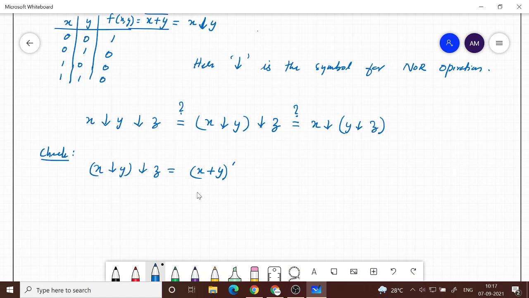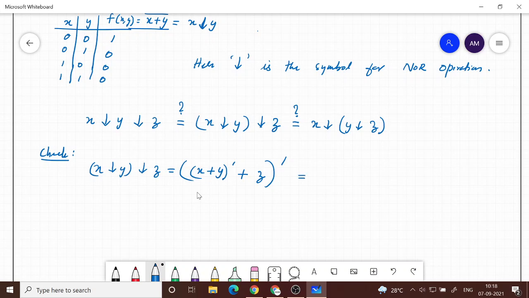X plus y the whole complement, that is what we mean by this grouping. And this again plus z and then the whole complement. Okay, so this is basically expressing the NOR operation symbol in terms of OR operation and complement symbols.